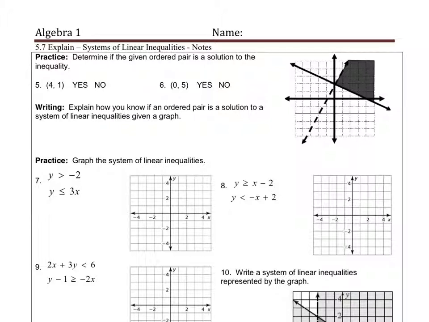If I go out here to (4, 1) and put a point, it's kind of right there, near the bottom of my shaded solution. But this point does exist in the middle of my double shaded region, so yes, this is a solution. Now they give us another point, (0, 5), which is way up here. And that is not in my double shaded region, so no, that's not a solution.